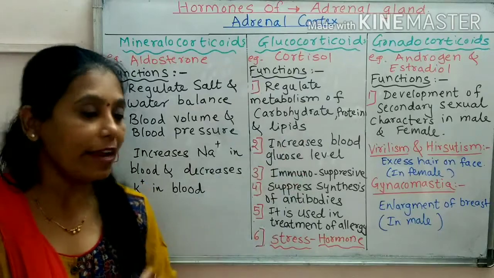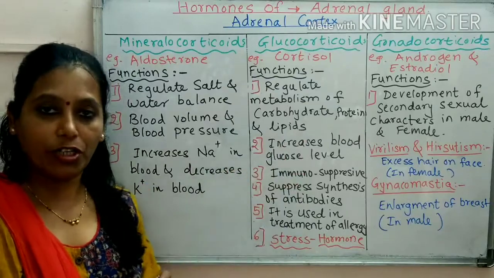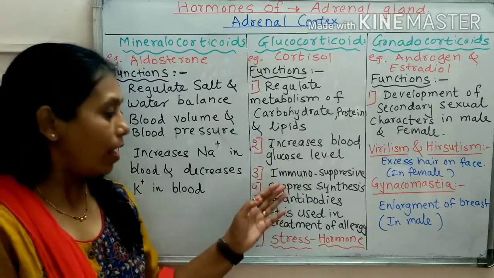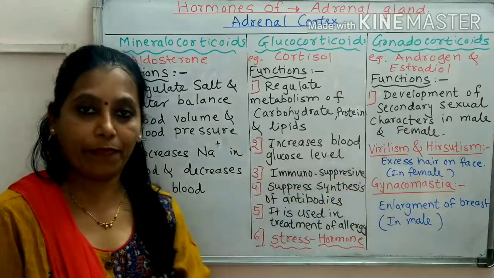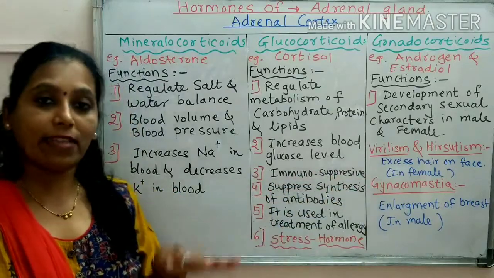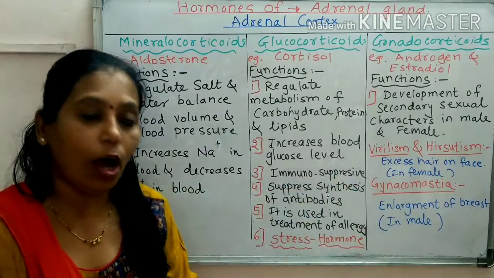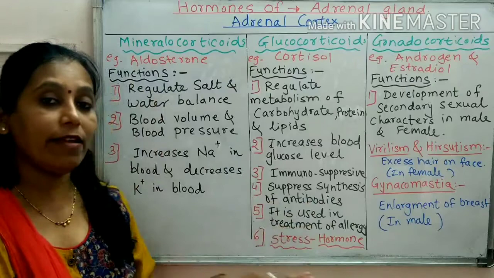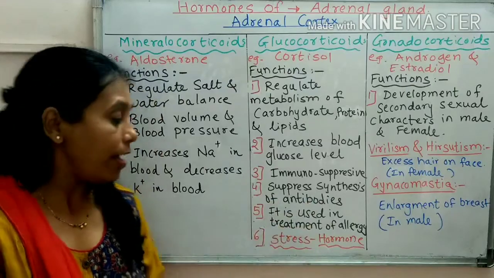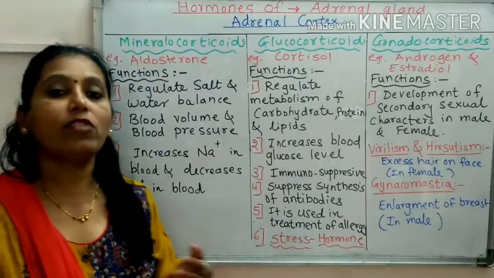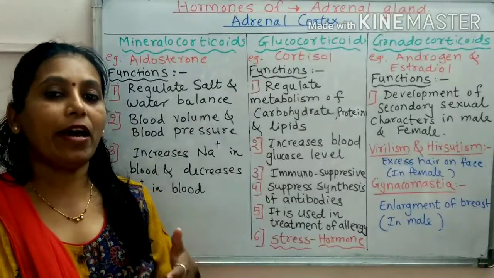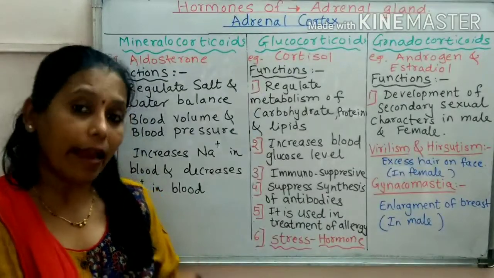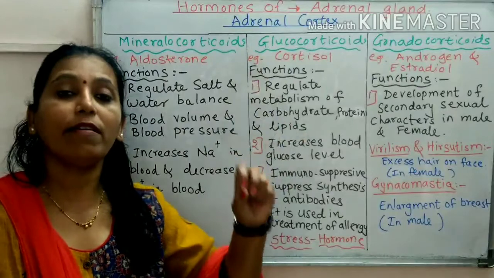This is the second function. The third function, it acts as an immunosuppressive. Fourth, it suppresses the activity of antibodies. It is also used in the treatment of allergy and it acts as a stress hormone. Whenever we are in a stress condition, this hormone is released.